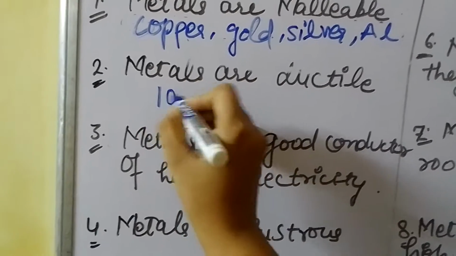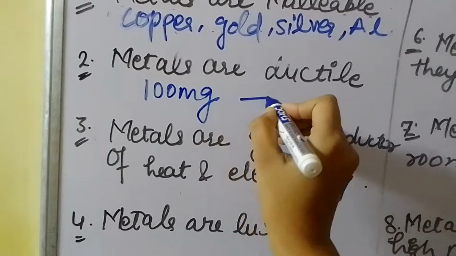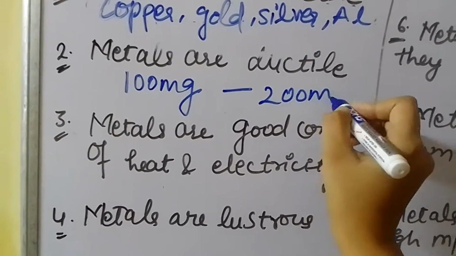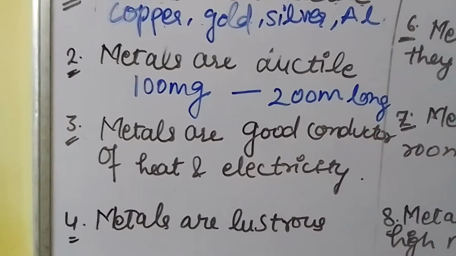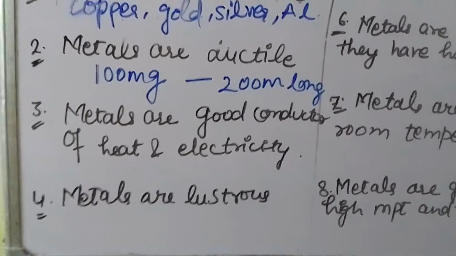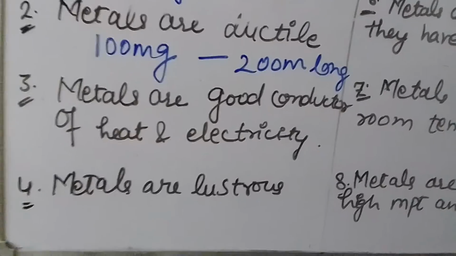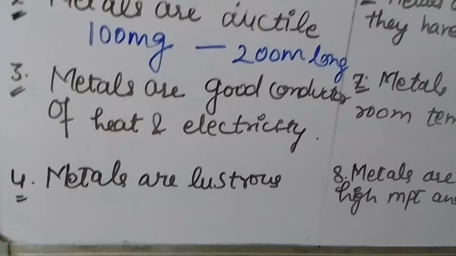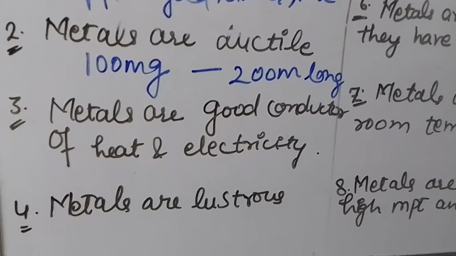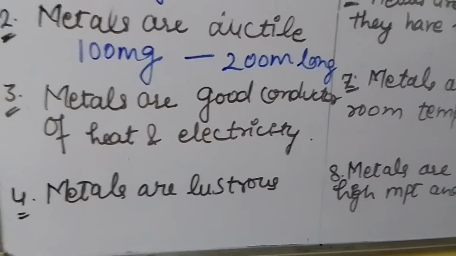So 100 milligram is converted into a 200 meter long wire. That means metals have the property of ductility because they are converted into very thin wires.